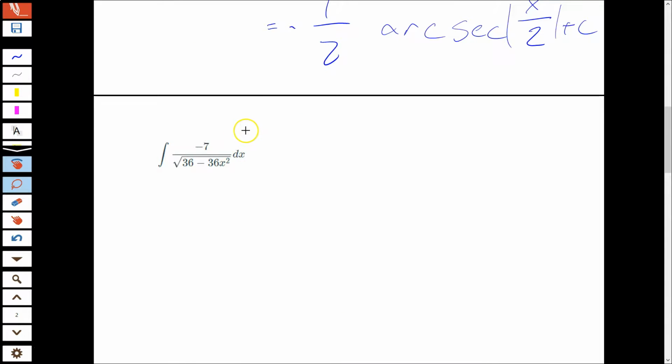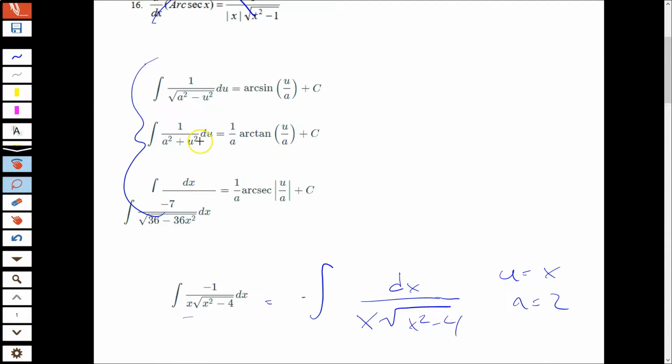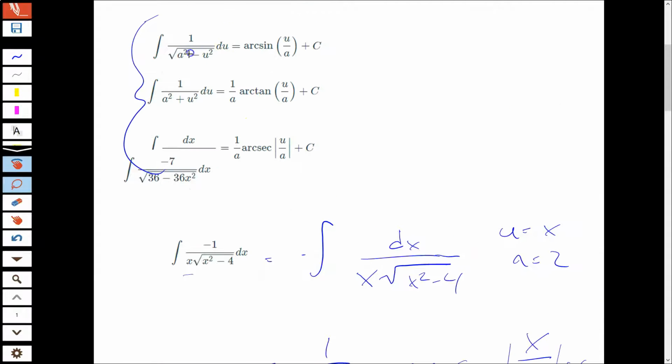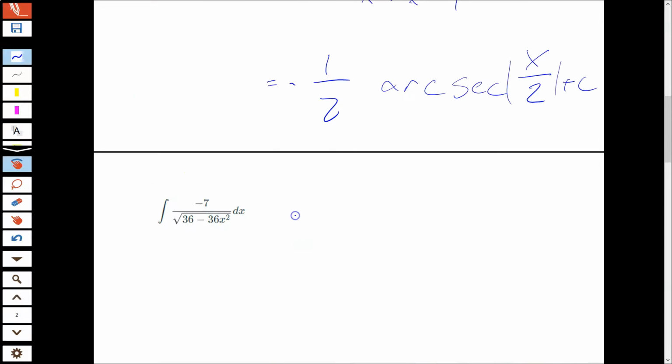Here's another example. So I'm going to go back up to my rules here. And this is an arcsine one. I'm actually just going to bring this down so we can look at it, because here we're going to have something a little more interesting happening. So 1 over a squared minus u squared du. Well, let's start by factoring out this -7.